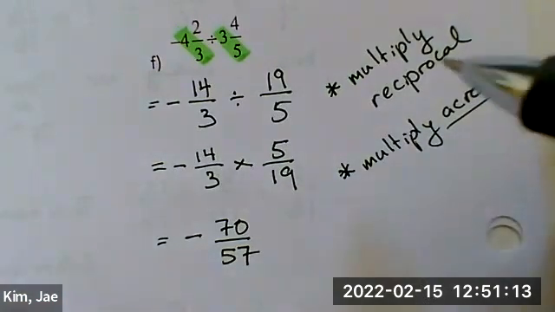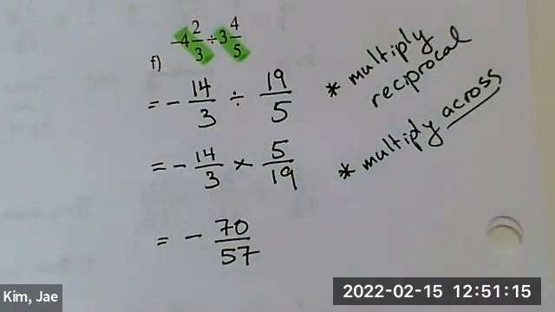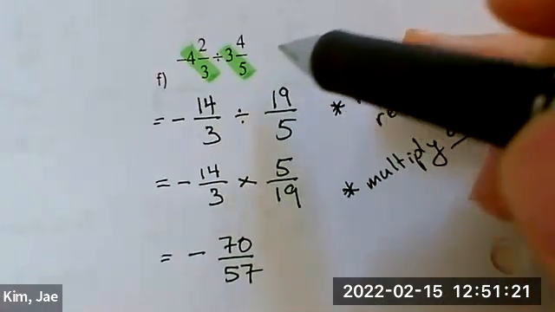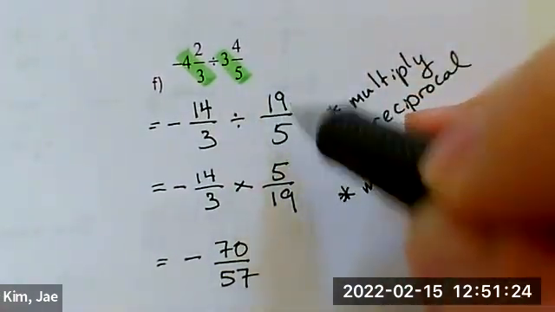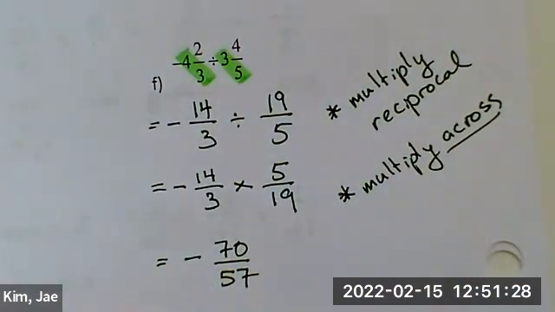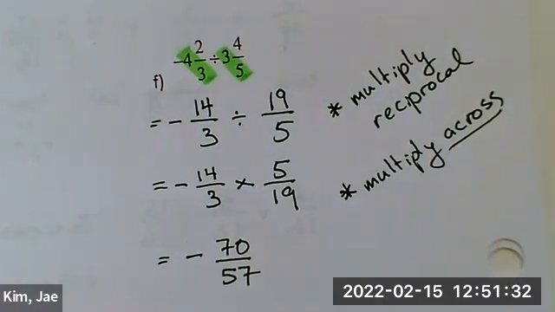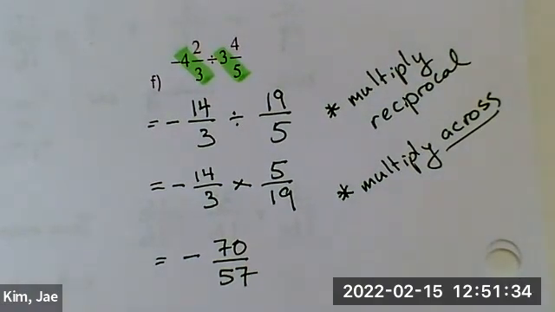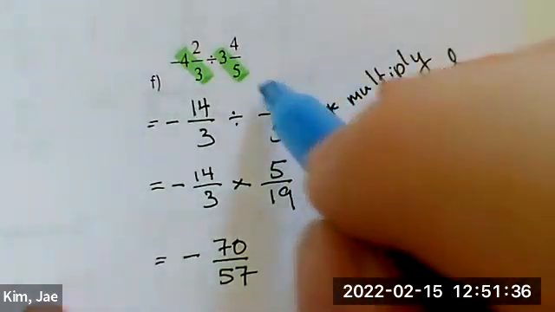A reciprocal is basically a fraction where the numerator and the denominator have switched places. They flip upside down. So remember, this is a 19 over 5. It became a 5 over 19. Maybe should I color code that? Maybe.